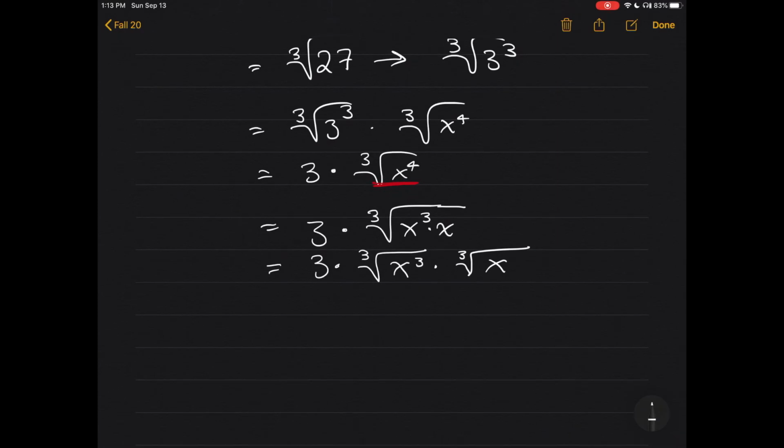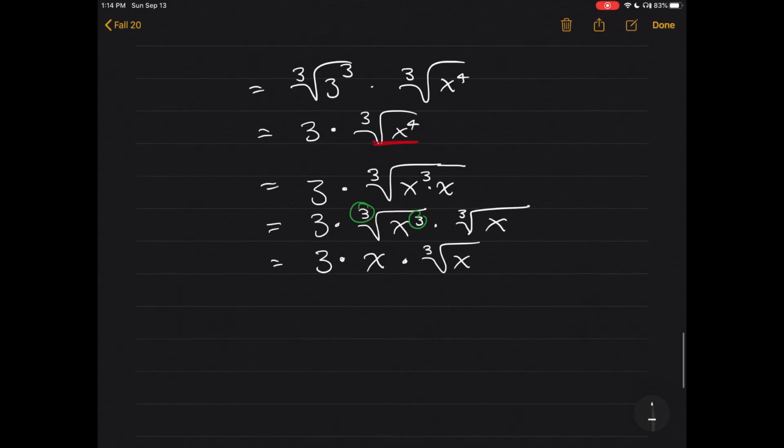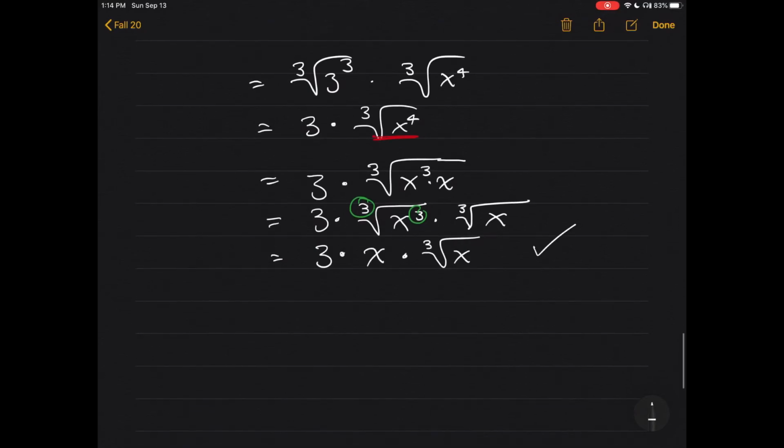Now, again, 3 is an odd number, and by that I mean this 3 here. So we get 3 times x, no absolute value bars, times the cube root of x. Cool. So that's our final answer.